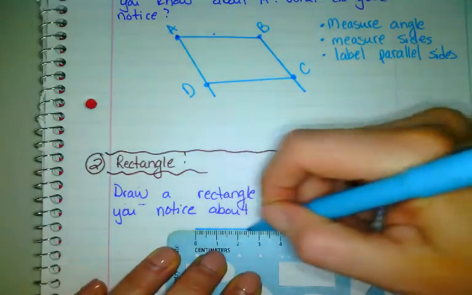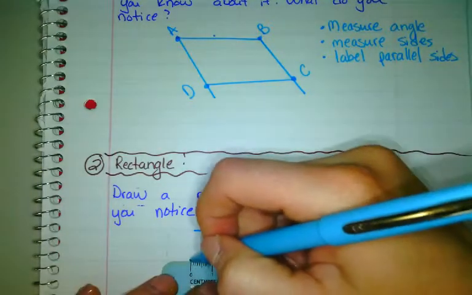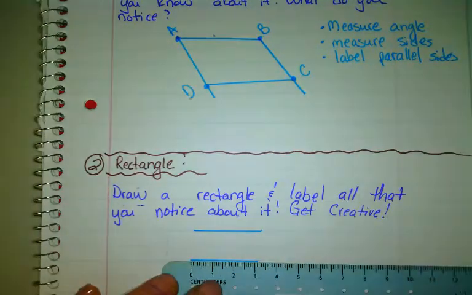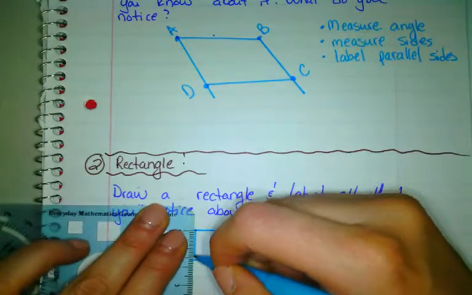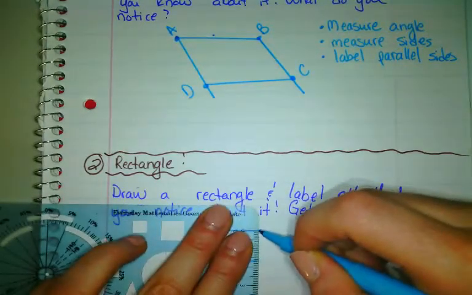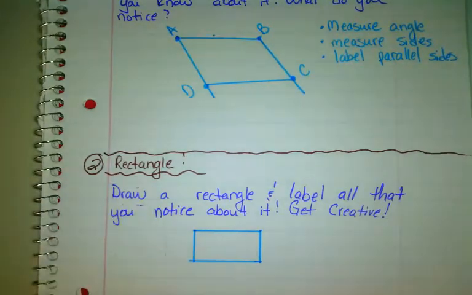So I'm going to go 0, 3, down here, 0, 3, because I know a rectangle has to have right angles. But all 4 sides do not have to be the same length. And guys, you know that you're not drawing perfect shapes here, but you're trying. So if it's off by just a little bit, that's okay.